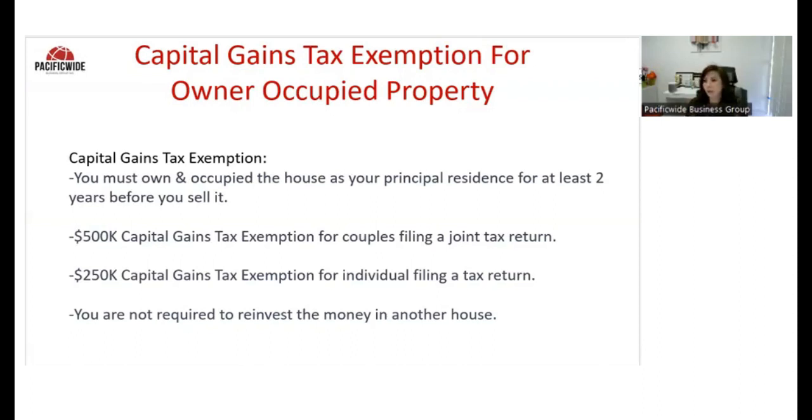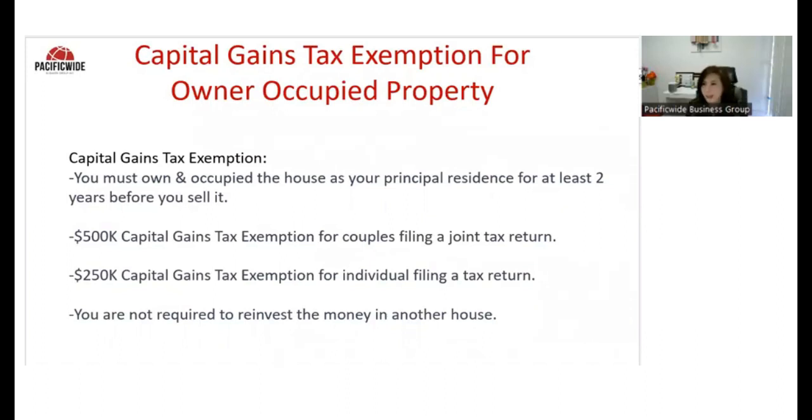This is awesome, because if they had to pay tax on all 600,000, that's a lot of money. But because they got a 500,000 exemption, they only have to pay tax on 100,000. Okay, so you need to remember this.